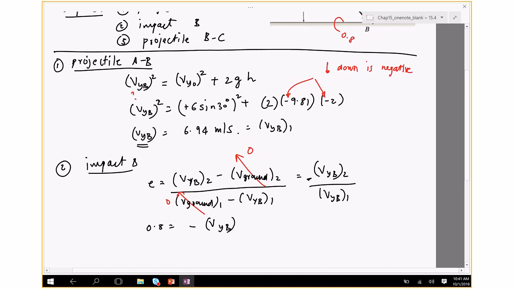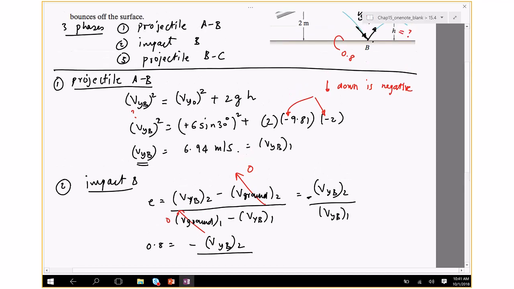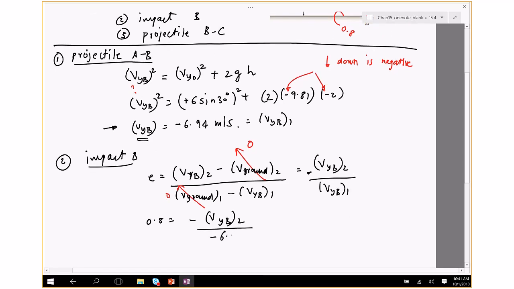To be very technically correct, when I take the square root over here, this should be negative, because you can choose the positive or the negative root, but since the velocity is downwards and our convention is downwards is negative, it should have been minus 6.94.